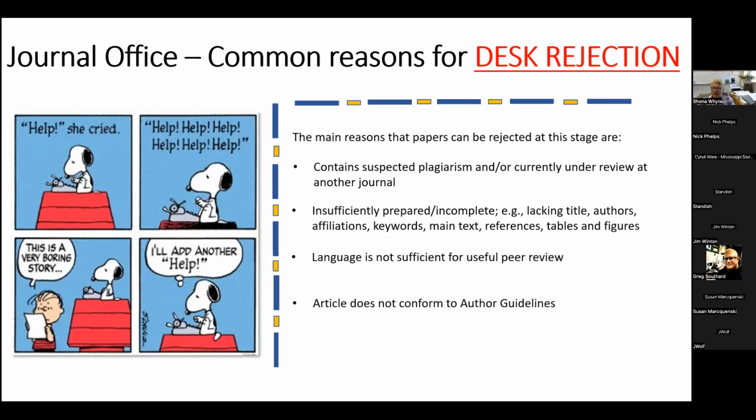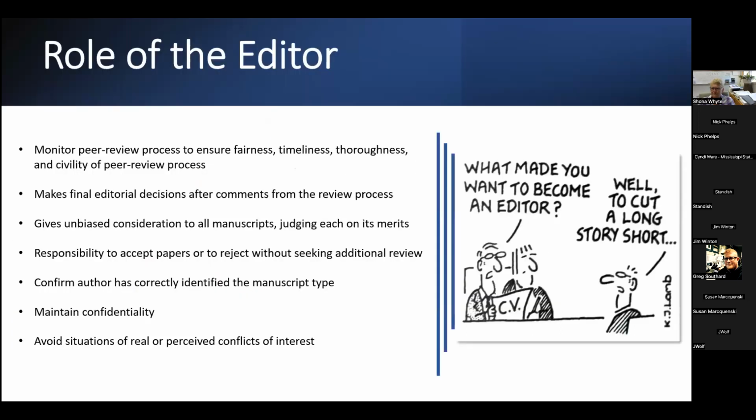The article does not conform to the author guidelines, and it does not fall within the aims and scope of the work. It's not of interest to the journal audience. The role of the editor, someone like me, is to monitor the process to ensure that it's fair, timely, thorough, and that there's a civility to the peer review process.